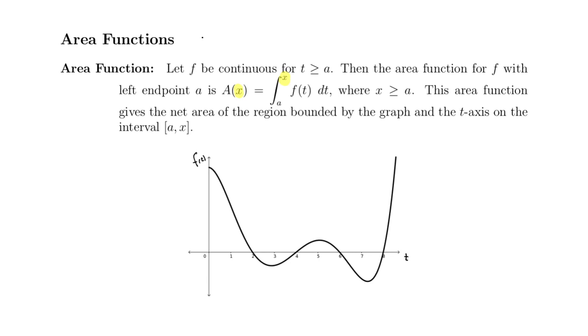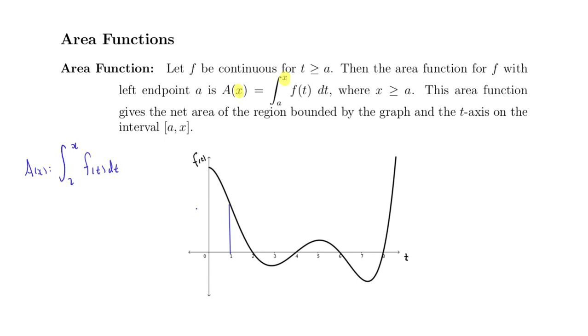Just like we would think, this integral gives the net area of the region bounded by the graph and the t-axis on this interval. So what we have here is that a is some starting point. Maybe I'll make it 1 for now. So if we start things here, in our case, A of x, we'll define it as an integral from 2 up to x of f of t dt.